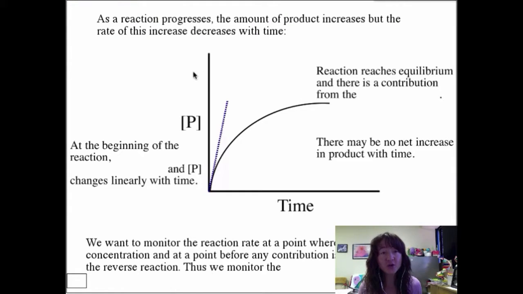This curve shows increasing product concentration with time. Notice that we're graphing something completely different than we were on the prior graph. We're now just showing product increasing over time. What you might immediately notice about the function that results here is that it is not linear.